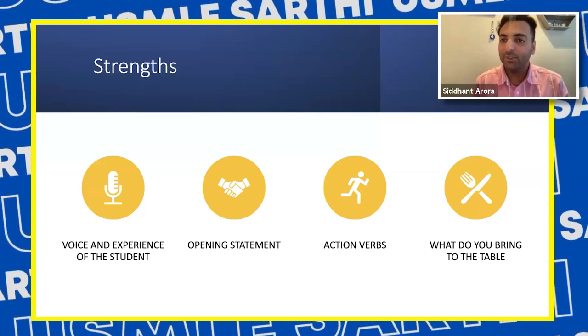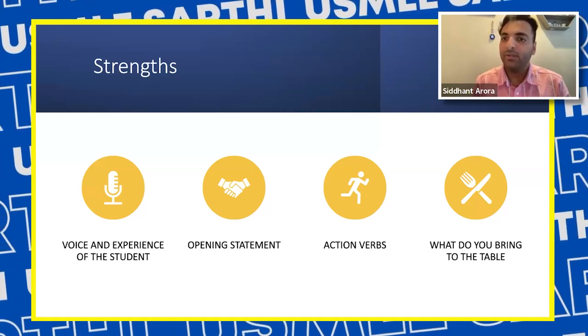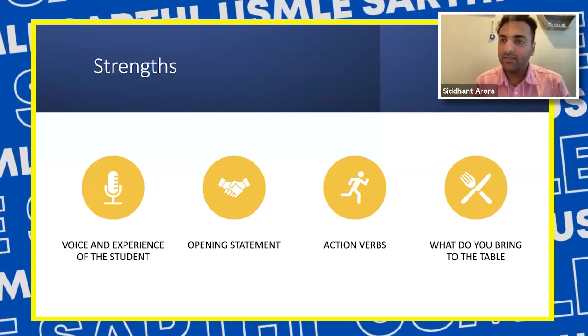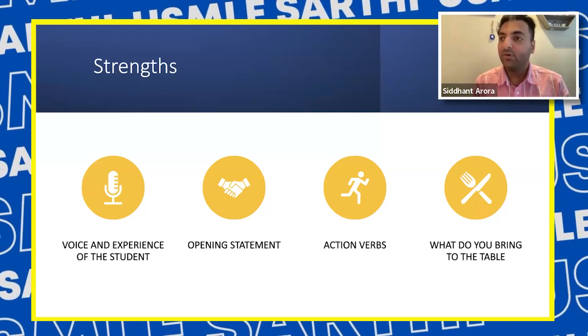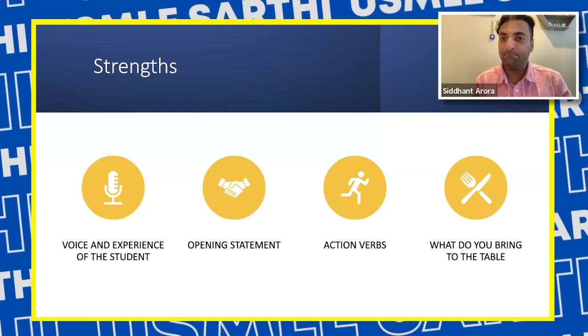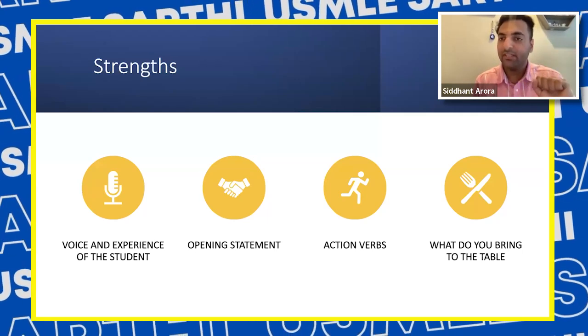How do you show that you've done things? It shouldn't be like, I worked here three years as a primary care physician. Rather than write that, I would say, as a primary care physician, I was responsible for treating chronic medical illnesses, maybe insulin for diabetes, or medications for hypertension and so on.